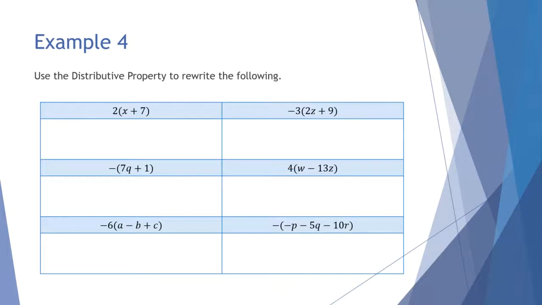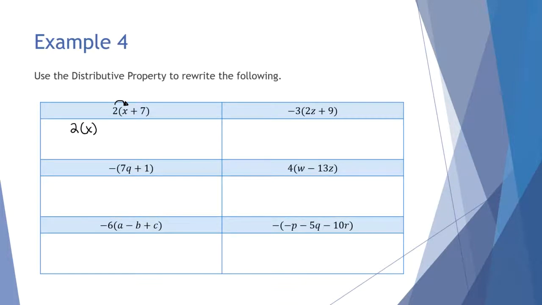So I'm going to start, we're just rewriting these. We're not necessarily simplifying, we just want to rewrite. For the first one here, I have 2, and then x plus 7 inside the parentheses. So the process is distributing. So first I do 2 times x, and I'm going to just literally write that, 2 times x.